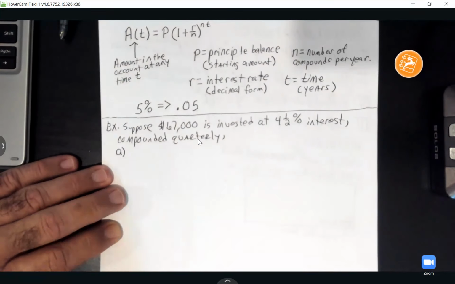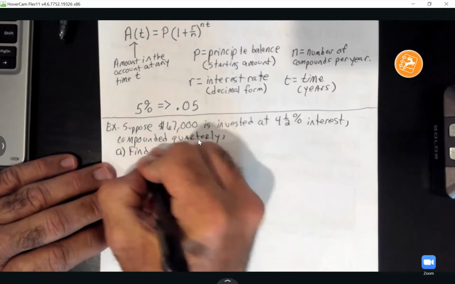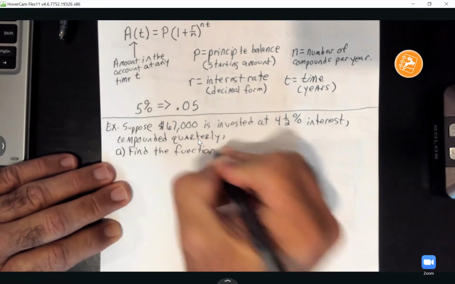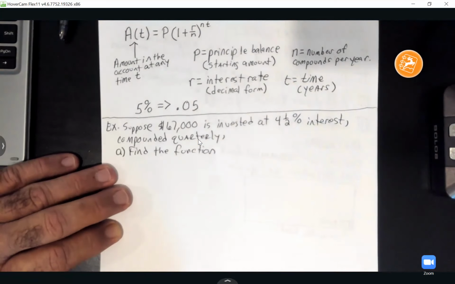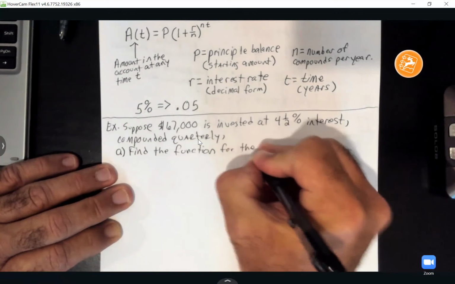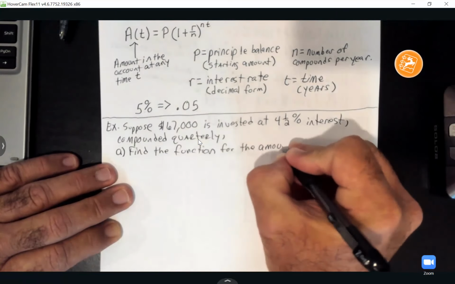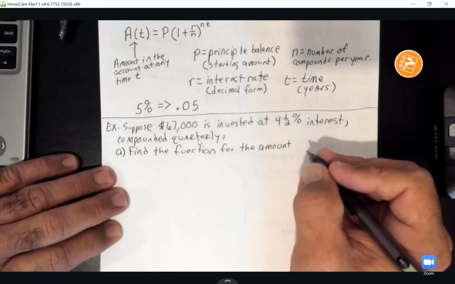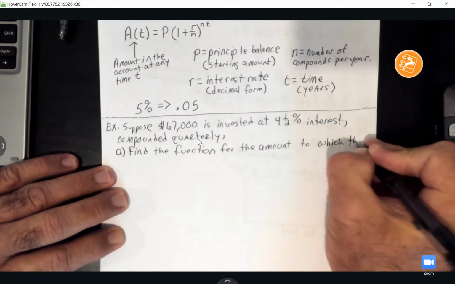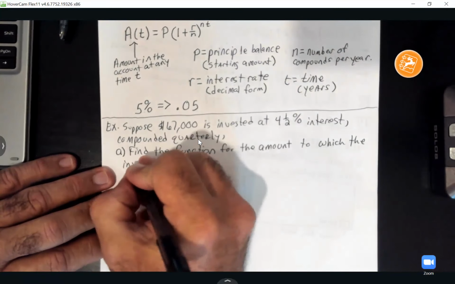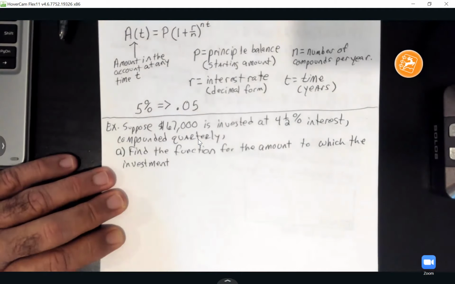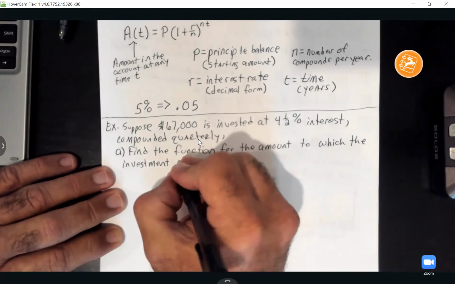A, they want us to find the function for the amount to which the investment grows after T years.